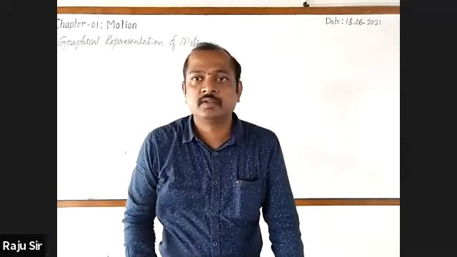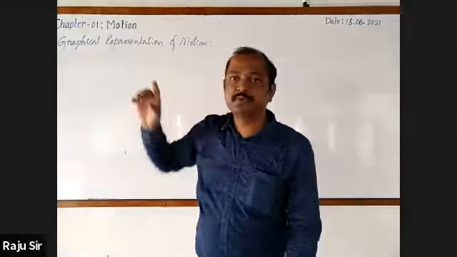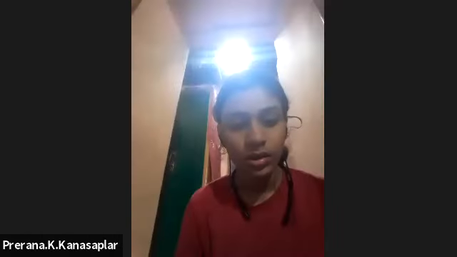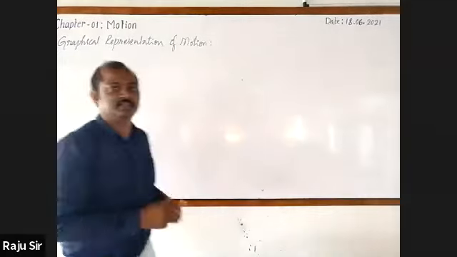Prithviraj, in how many ways can the motion of an object be represented in the graph? Two ways. Yavyadu? DT graph and VT graph. One is the DT graph, second one is the VT graph, right? First one, DT graph.